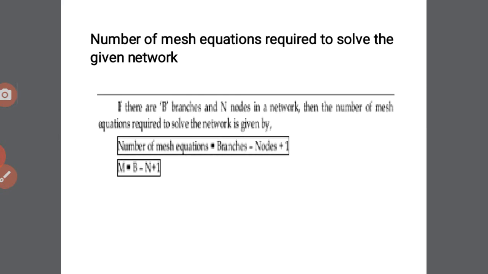Next, how to find the number of mesh equations within a network. The number of mesh equations required to solve the given network depends on the formula m is equal to b minus n plus 1, where b is the number of branches and n is the number of nodes.